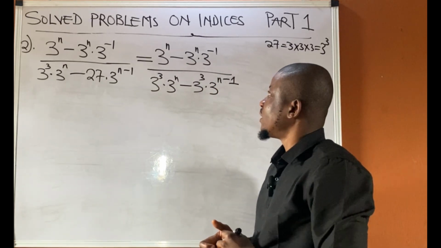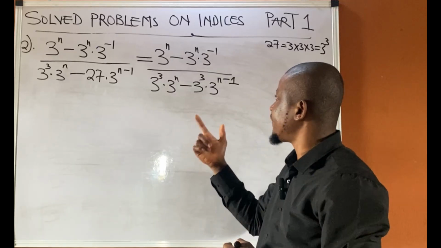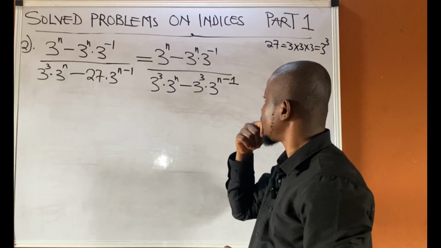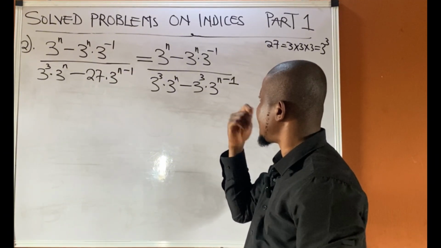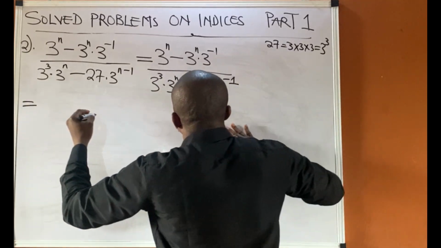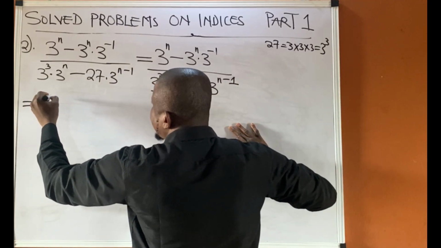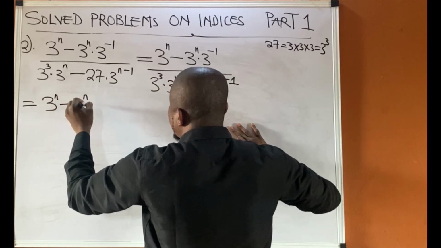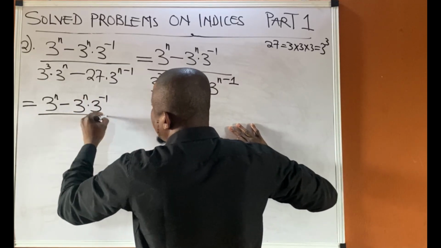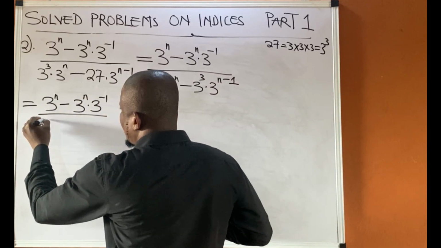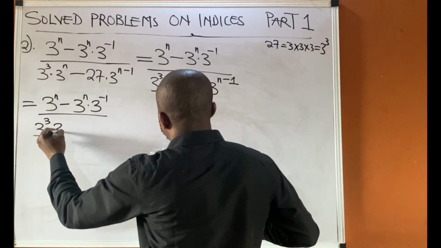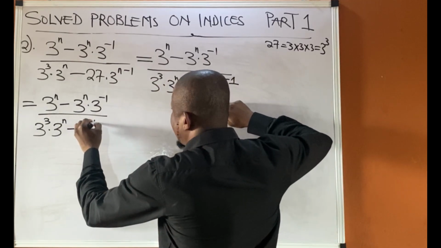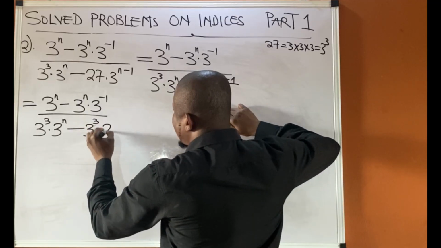Okay, so let's take the next step here. Now the next step will be to break down this 3 to power n minus 1, to split it out, right? Okay, so let's go. We have 3 to power n minus 3 to power n times 3 to power negative 1 divided by 3 to power 3 times 3 to power n minus 3 to power 3 times 3 to power n.